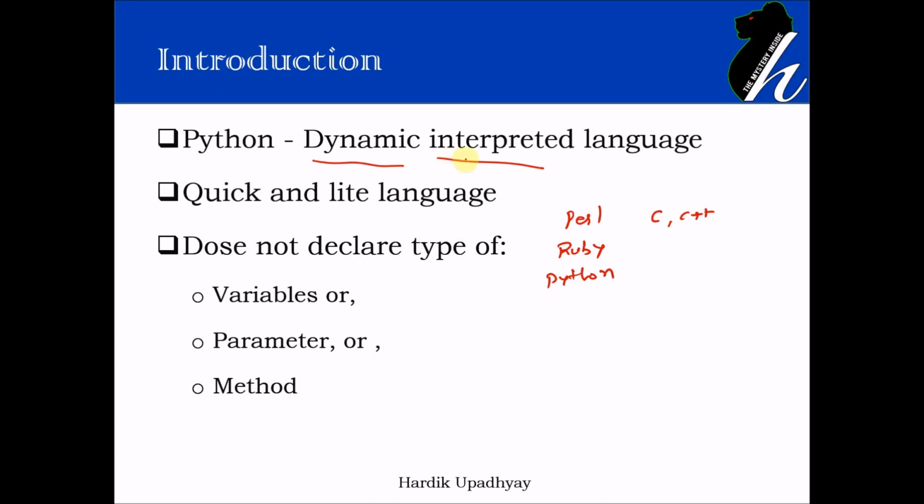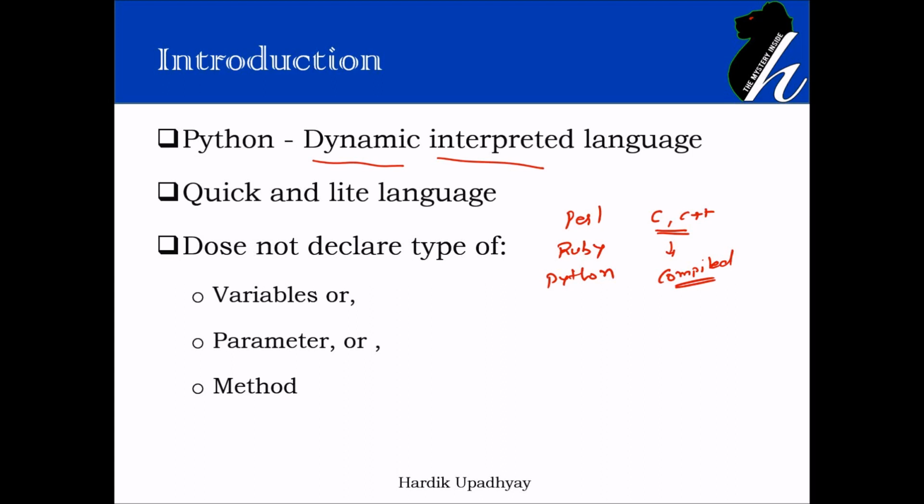Second term is interpreted programming language. Once again, there are two categories of programming languages. Languages like C and C++ are compiled programming languages. It means they use a compiler program to convert your source code into object code. On the other hand, interpreted programming languages execute the program line by line.